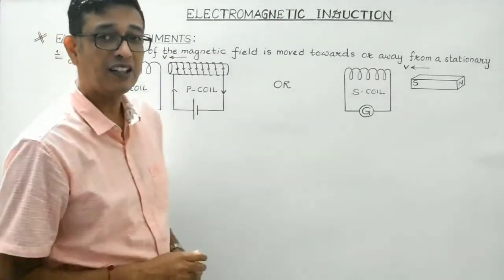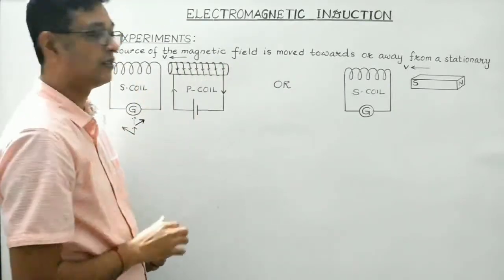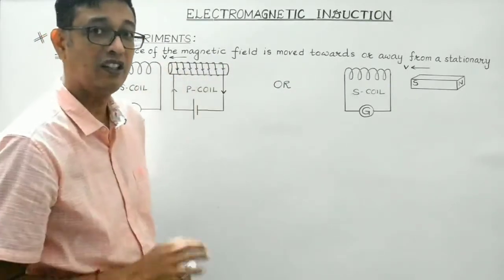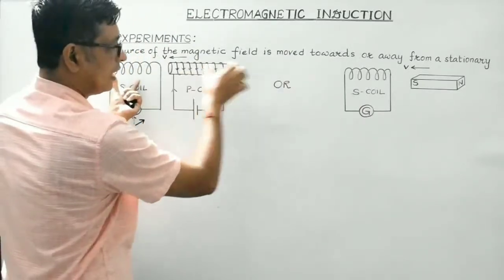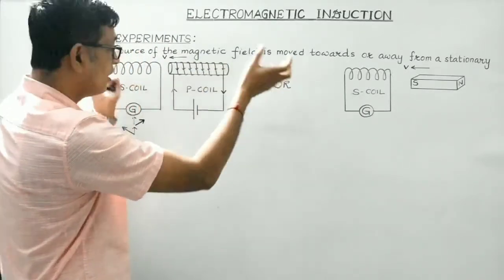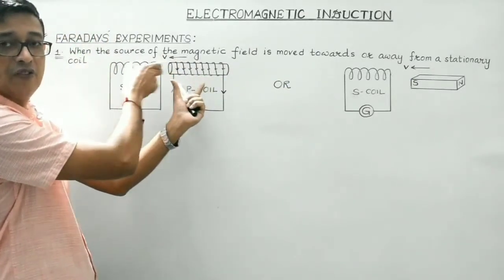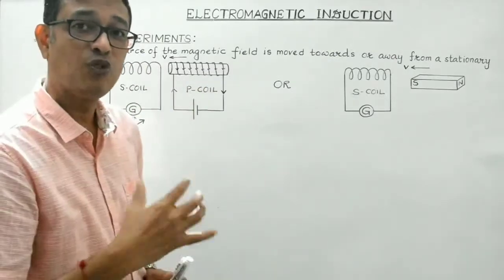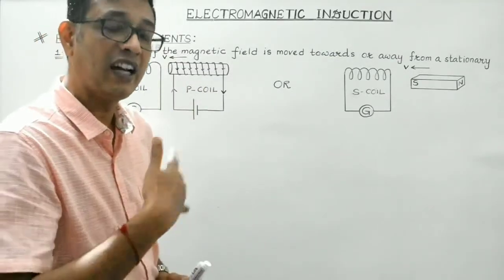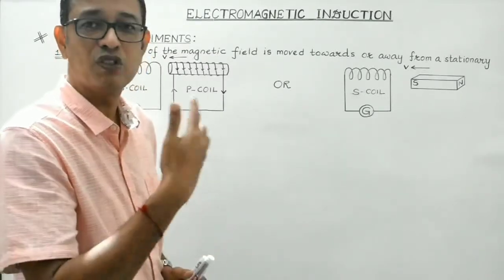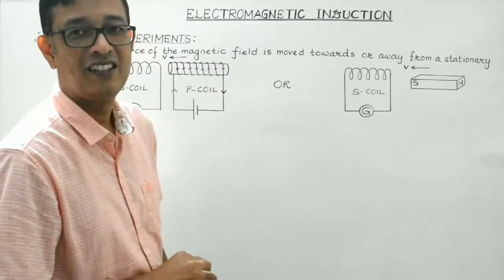So what he concluded was, during the relative motion between the P coil and the S coil, keeping the S coil fixed, the P coil can be moved towards or away, or keeping the P coil fixed, the S coil can be moved towards or away. So whenever there exists a relative motion between the coil and the source of the magnetic field, then a current gets induced in the coil.